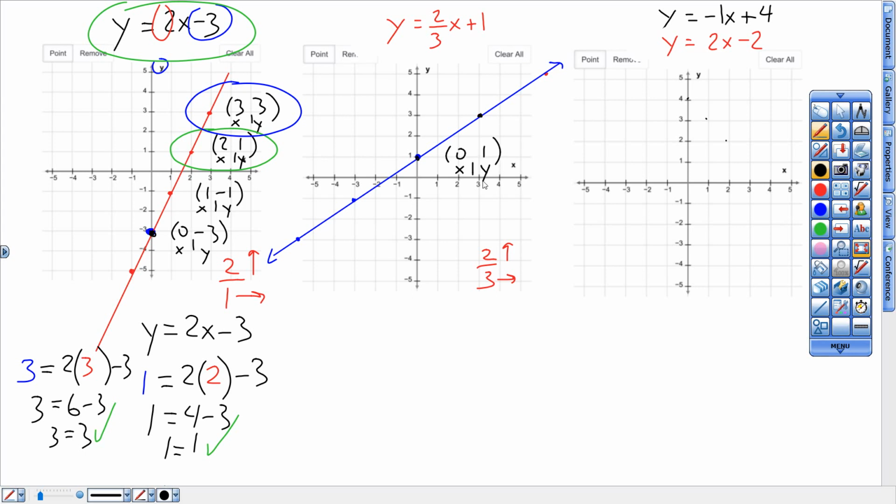If I plug into that equation the 0 number for x and plug in the y number for y, I'll get a true statement. Any number on that line, from 3, 3 to any point on that line. So if I plug that in, 1 for y and plug in for x, that x number from that coordinate, it will give me a true statement every time.